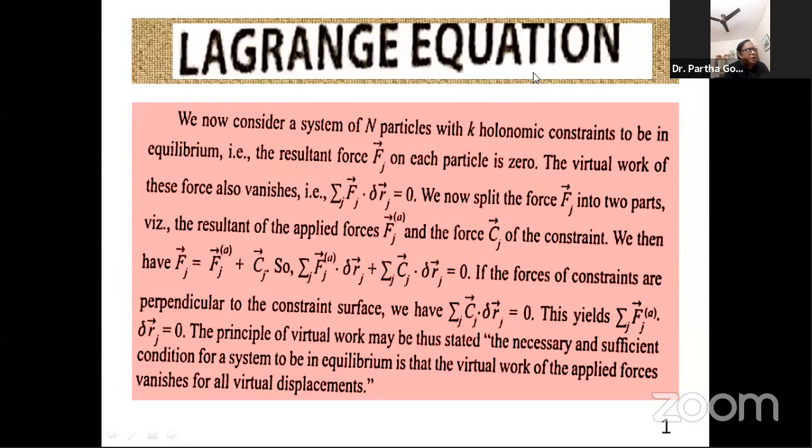Displacement in calculating the work is assumed to be virtual.